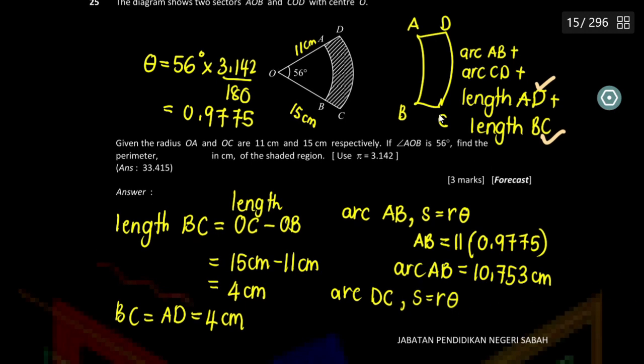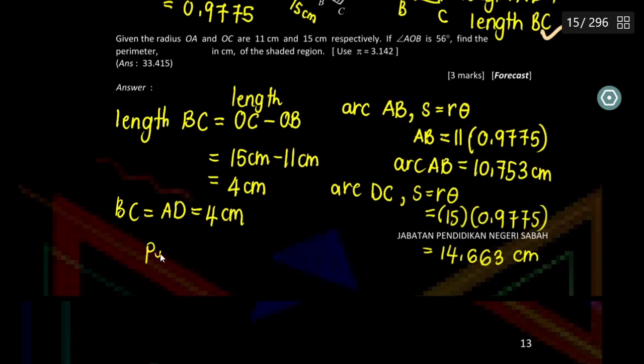The radius is the whole thing, 15, so 15 times 0.9775 gives 14.663.